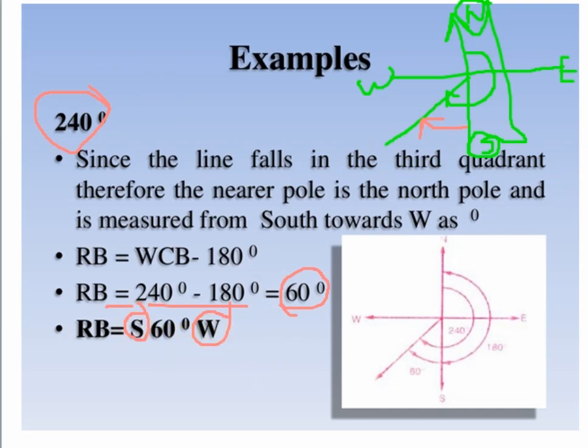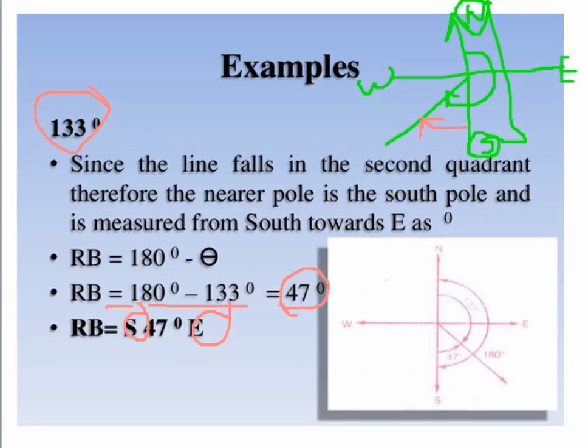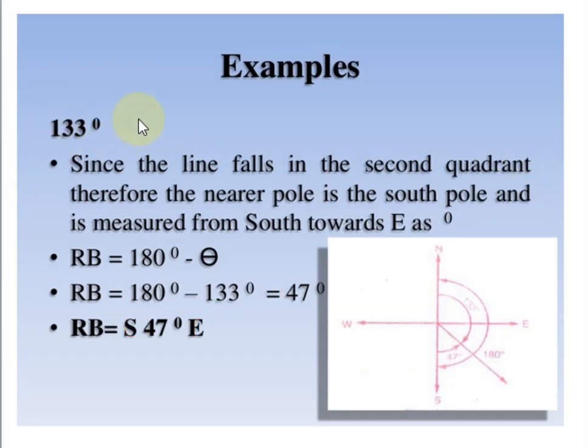Then another example we have to take: if the survey line comes in the second quadrant, so 133 degrees is given. So it comes in the second quadrant. This value is 133 degrees. So how can we find out the reduced bearing?